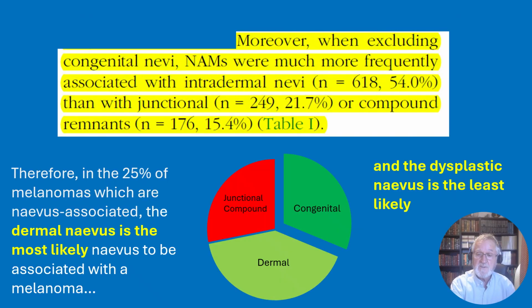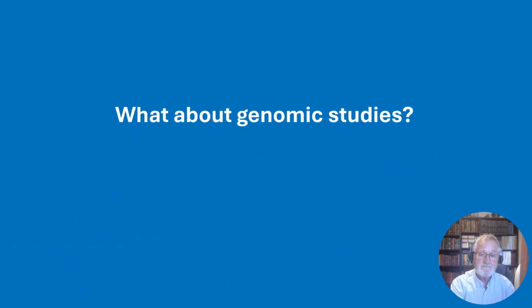And this was verified by a second meta-analysis. In fact, it showed in the first one that when they excluded congenital nevi, the most common nevus associated with a melanoma was the bland dermal nevus, and the least likely was a dysplastic nevus.